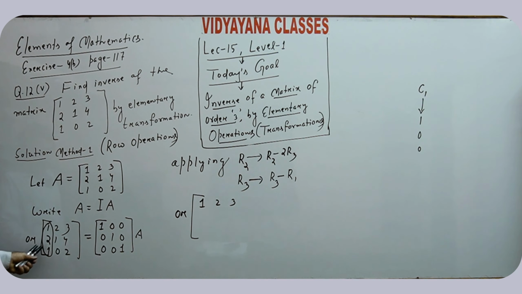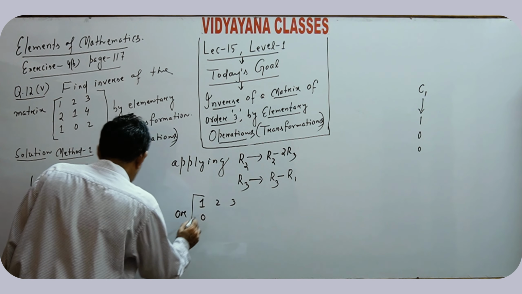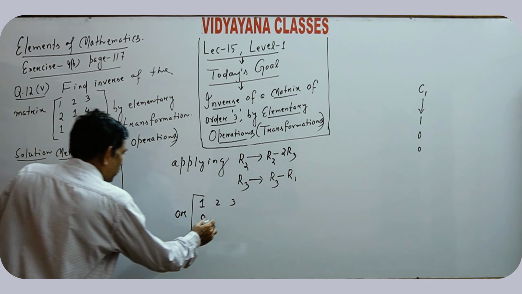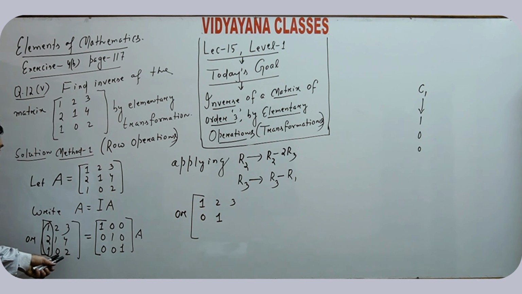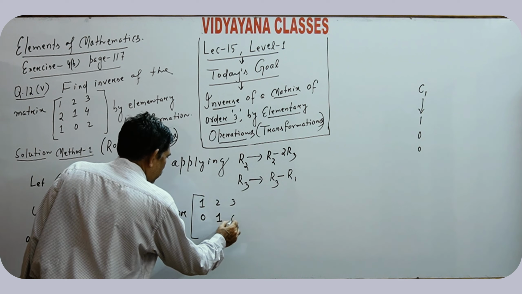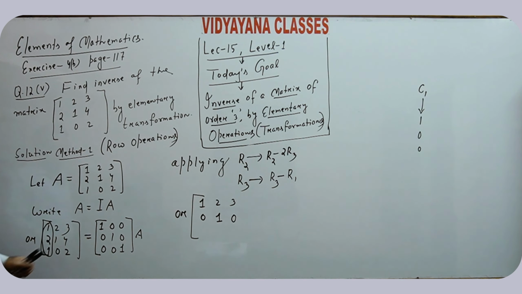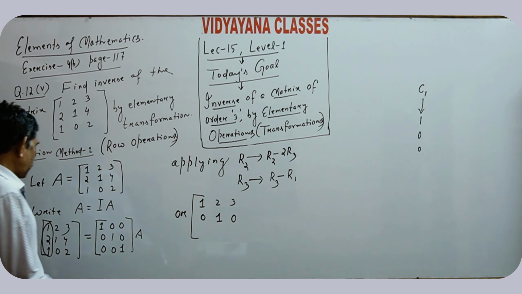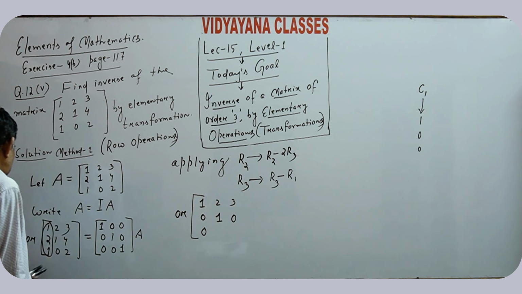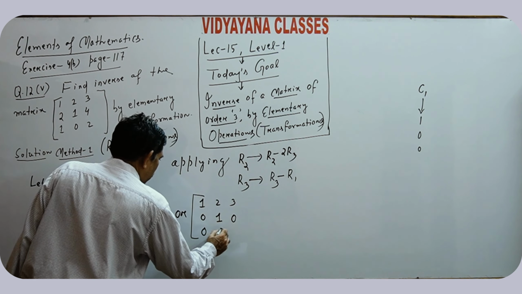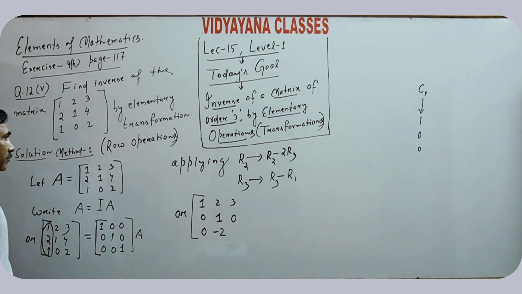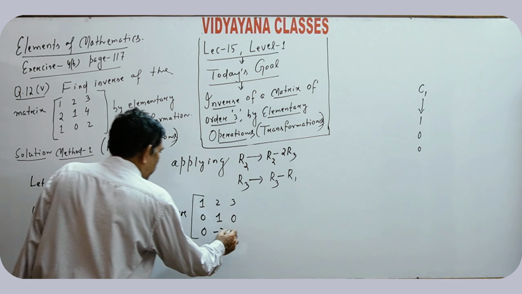R2 will be R2 minus 2 times of R1. 2 minus 2 is equal to 0. 1 minus 2 times of 0 is equal to 1. 4 minus 2 times of 2 is equal to 0. And R3 is replaced by R3 minus R1, that is 1 minus 1, that is equal to 0. 0 minus 2 is minus 2. 2 minus 3 is equal to minus 1.